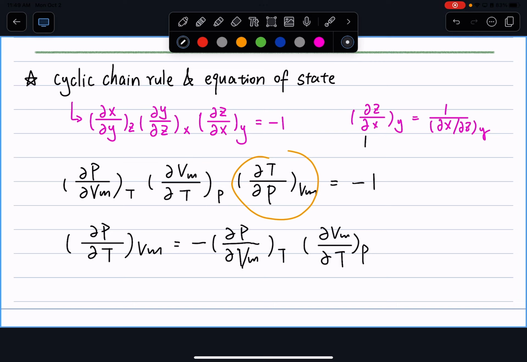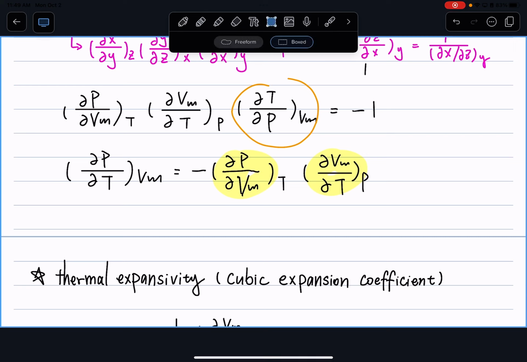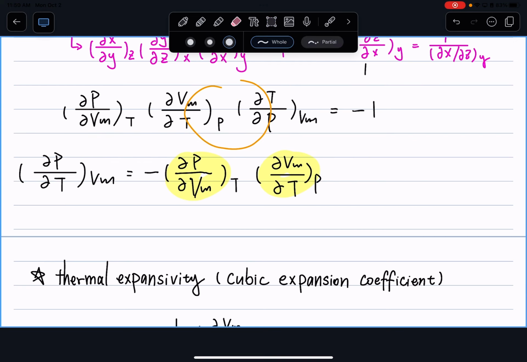In order to better measure these properties, it's easier for us chemists to model the change of volume at a certain condition, whether it's an isothermal or an isobaric process. So the two easy-to-measure relationships are the partial derivatives of your molar volume over either pressure or temperature. So we can further rewrite this term.